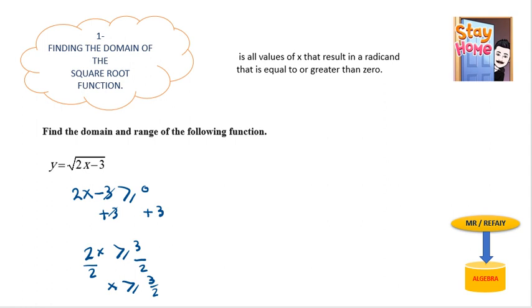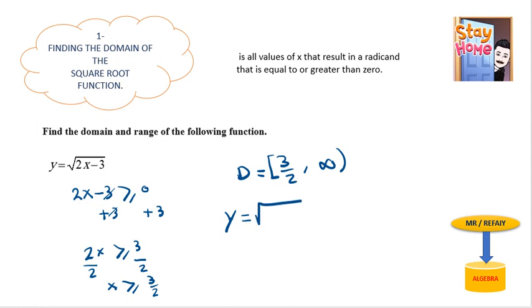The domain starts at the value of x which is equal to 3 over 2. So the domain is 3 over 2, closed, until positive infinity. Now how to get the range? Just replace in the function.